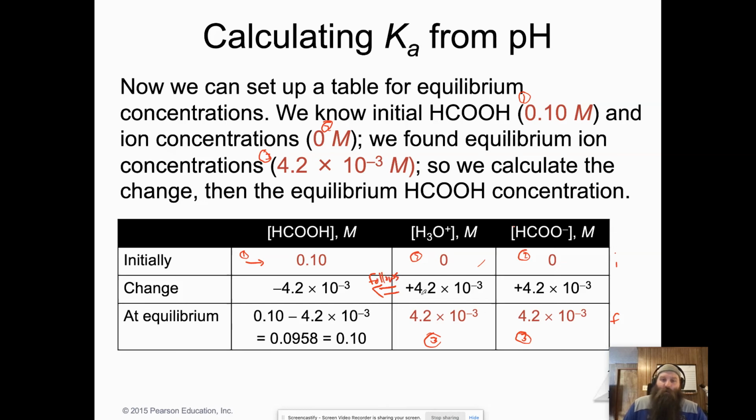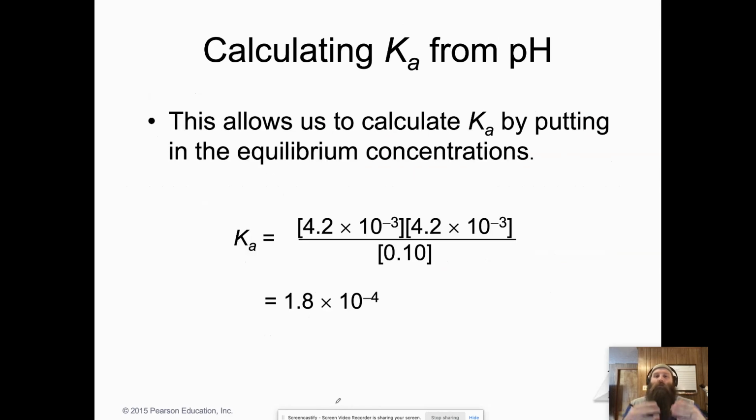So logically speaking, if this one went up 4.2 times 10 to the negative third, this one must have gone down. So we do 0.10 minus 4.2 times 10 to the negative third gives me 0.0958, which for sig figs gives me 0.1 at equilibrium. So now I can put in all my numbers, and I find that Ka is 1.8 times 10 to the negative fourth.